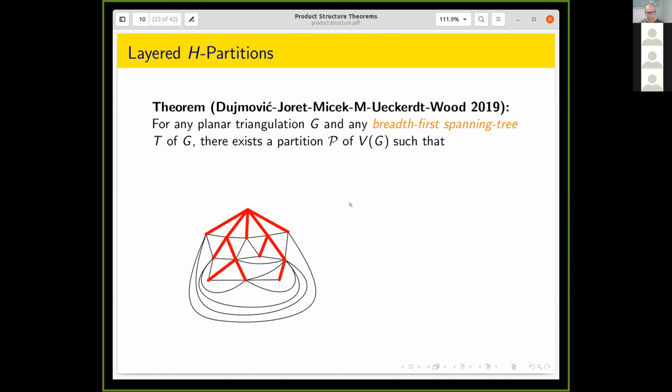You pick a vertex in your graph, you make that the root, and you take a shortest path tree from that vertex. So the depth of a node in that tree is just its distance from the root.